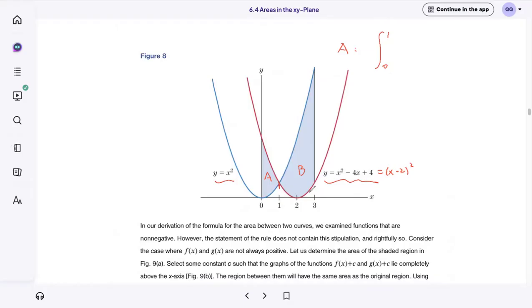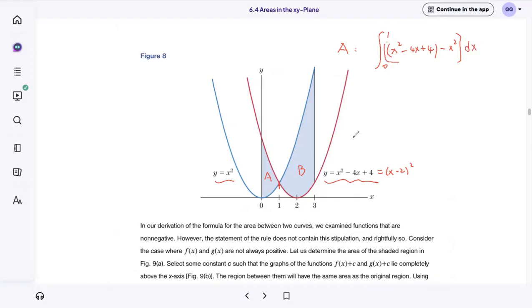And which function is on top? The red color. So x squared minus 4x plus 4 on top, minus the blue color, which is x squared on the bottom, dx.